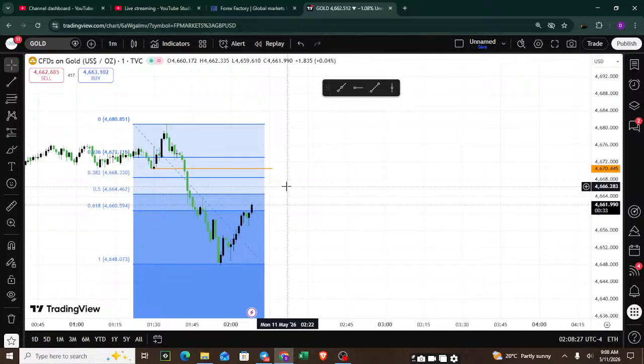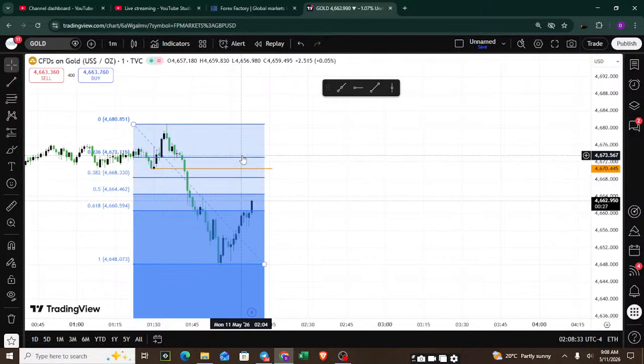If we don't see a bearish engulfing candle, then we have no confirmation. If price goes above this 23 level, then we are also not getting into that trade.